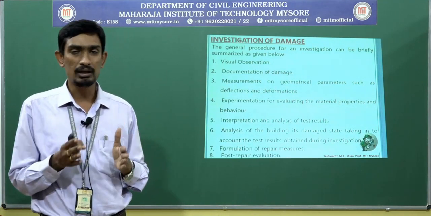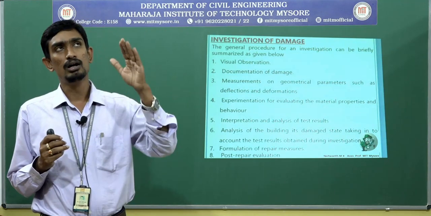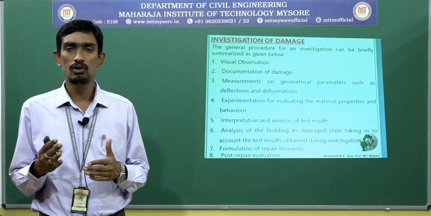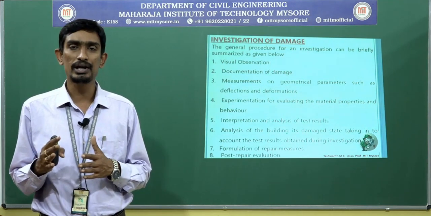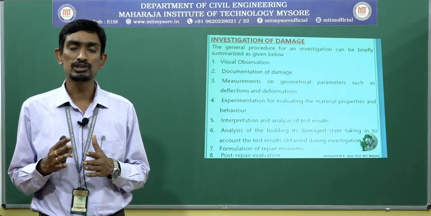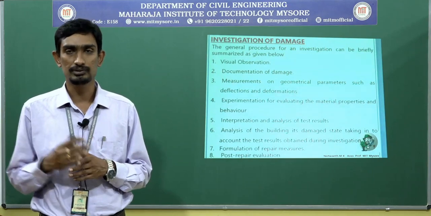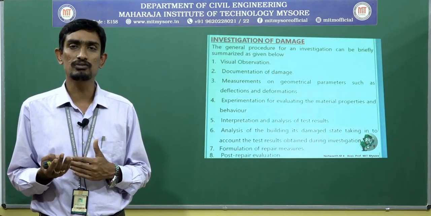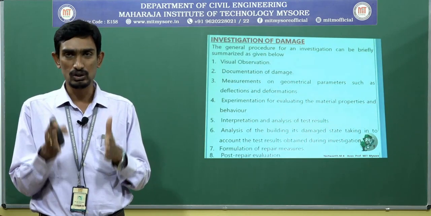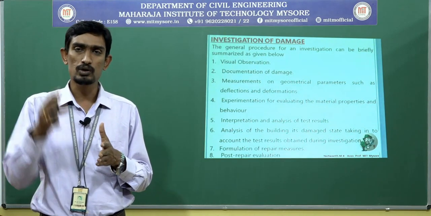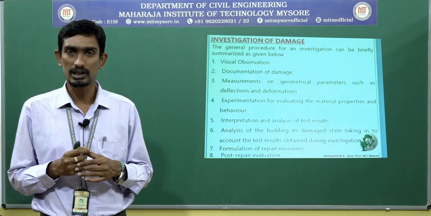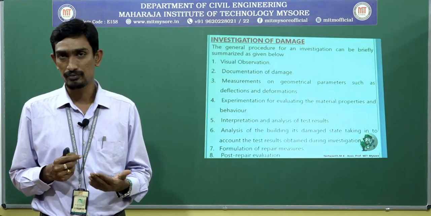While constructing a slab, beam or column, in actual practice you perform a compressive strength test on cubes. You cast the cube, subject it to compressive force, and record the compressive stress or strength.